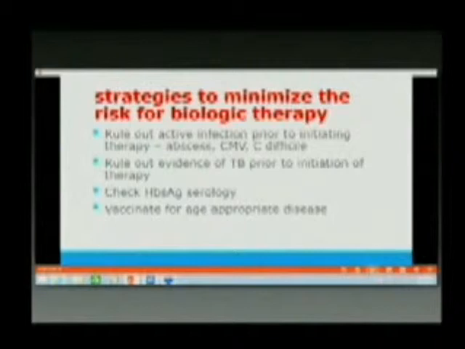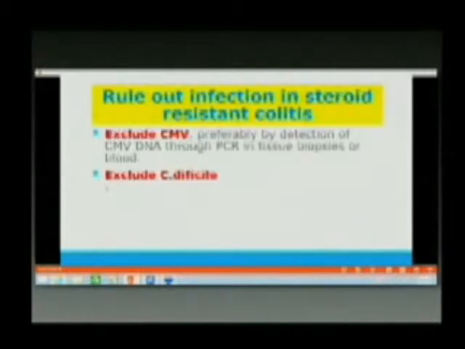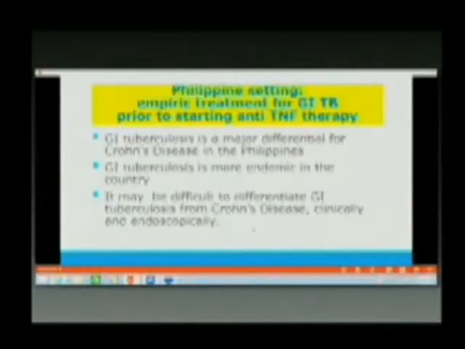The first thing you need to do is tuberculosis can also have non-caseating granulomas, and they're usually noted in the retroperitoneal and mesenteric region.